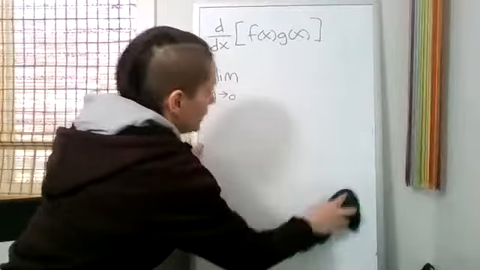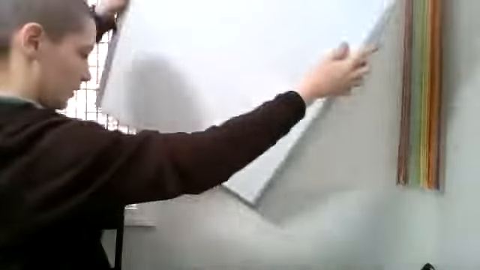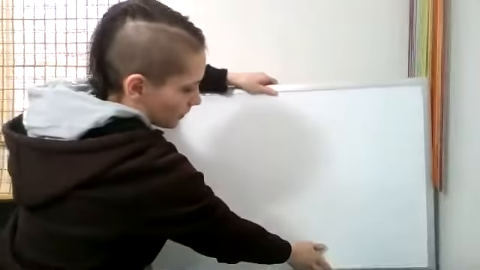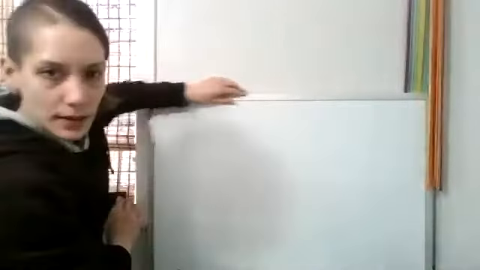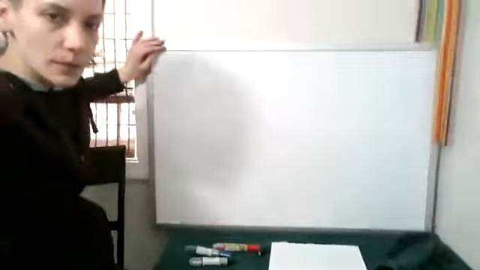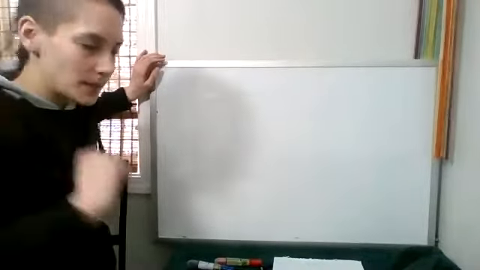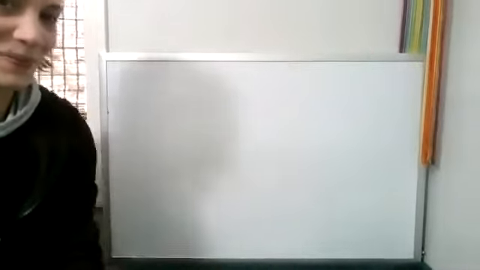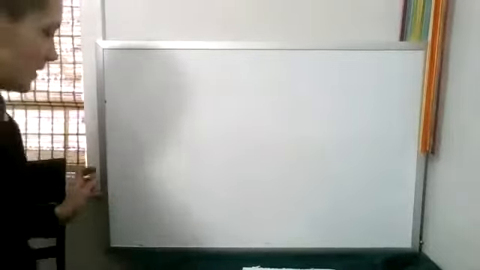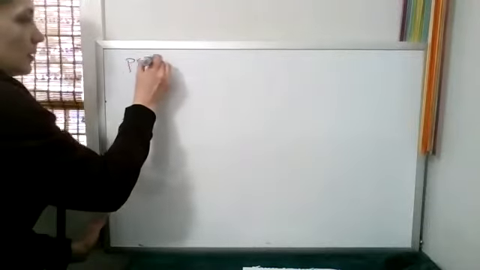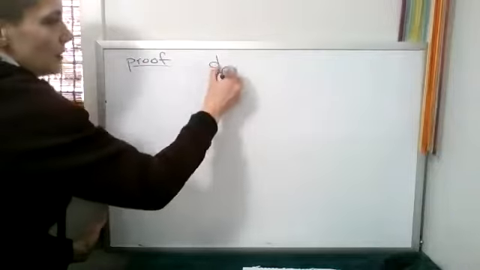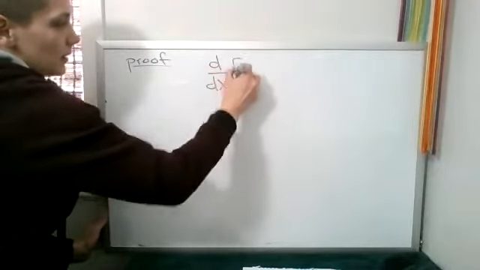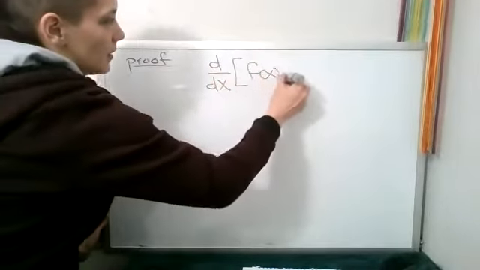So we're doing this proof for the derivative with respect to x of f of x times g of x.